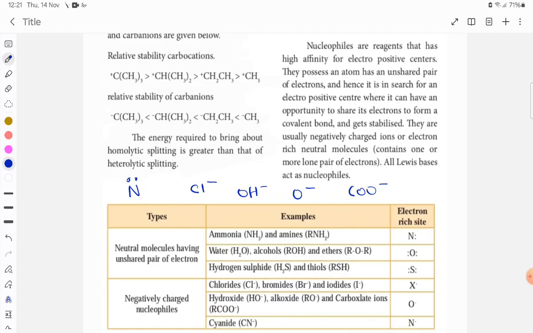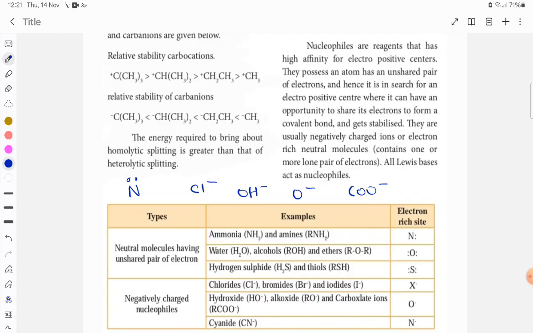Neutral nucleophiles are neutral molecules having an unshared pair of electrons. For example, ammonia. In ammonia, nitrogen has a lone pair of electrons, that is, an unshared pair of electrons. Similarly, amines also have nitrogen with two electrons, that is, an unshared pair of electrons. In water, alcohol and ether, oxygen is the electron rich site.